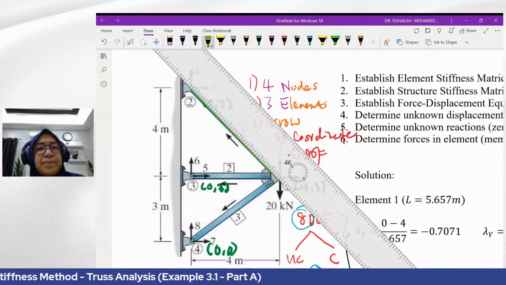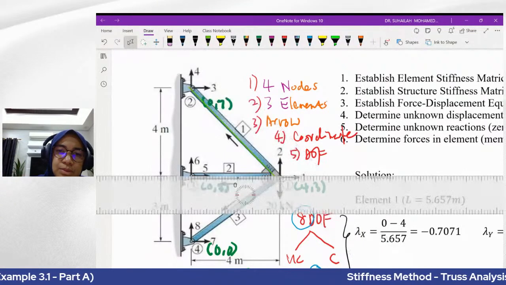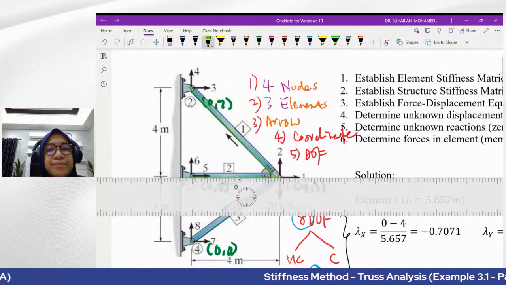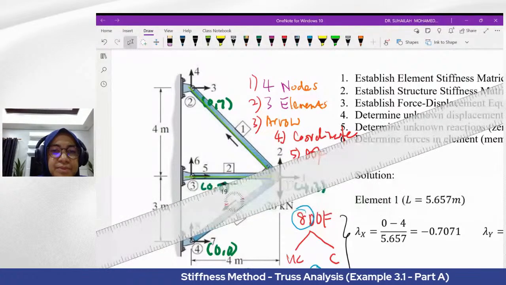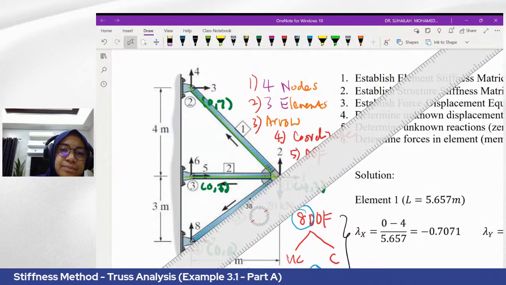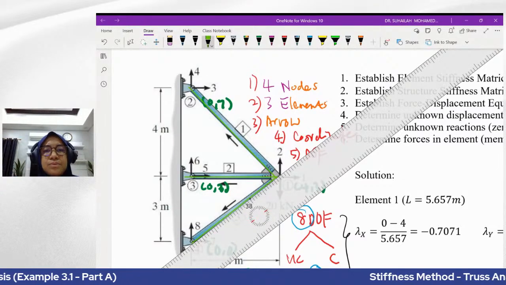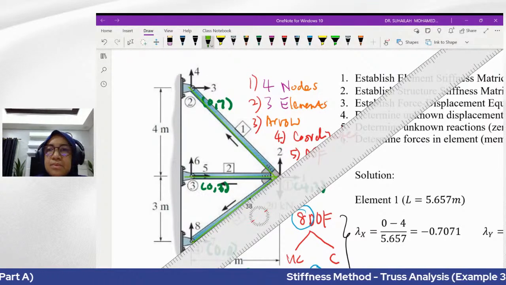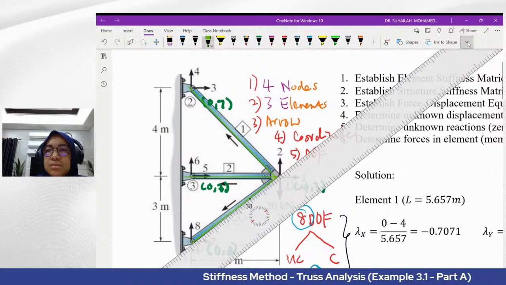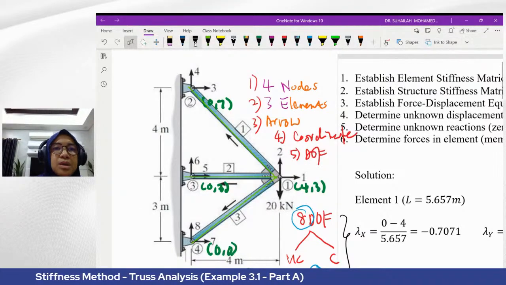This is element 1, element 2, element 3.